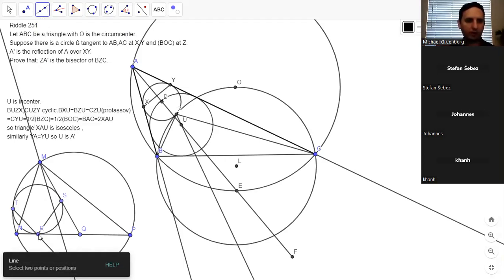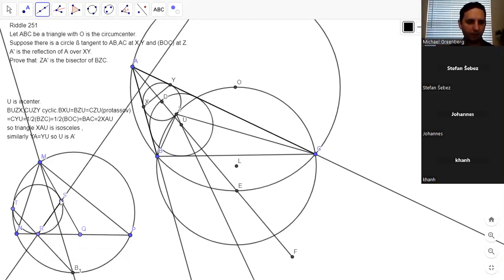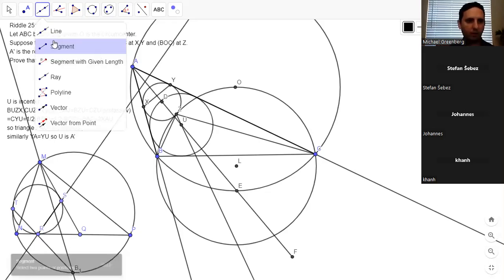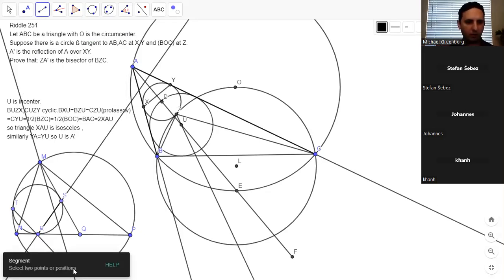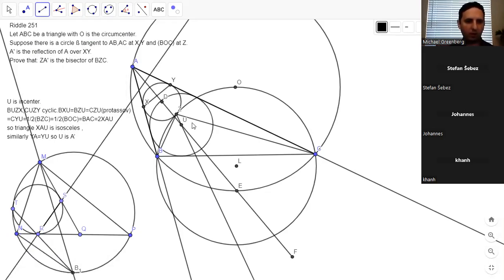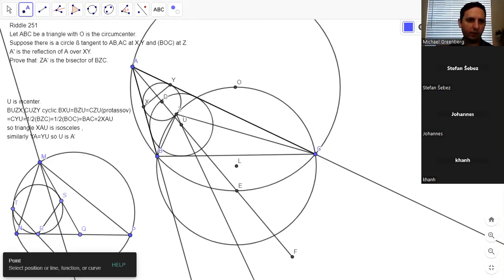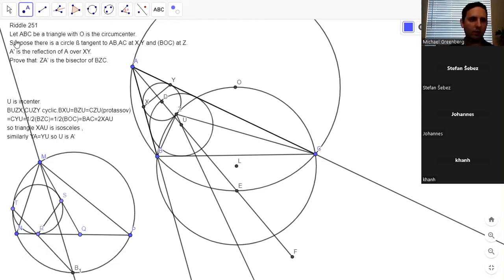You intersect RS and NB1. MB1, oh sorry. So yeah, I didn't need to draw that. Now add in the center of this little circle.